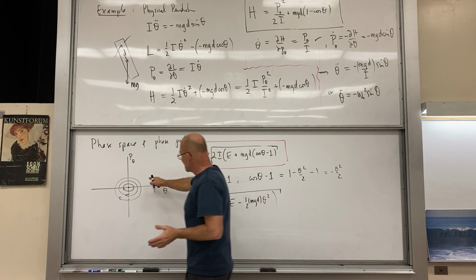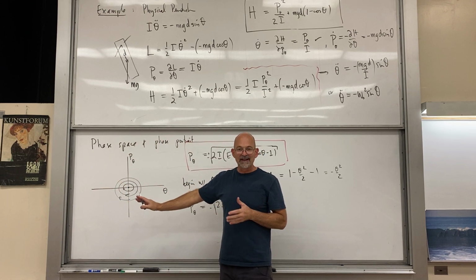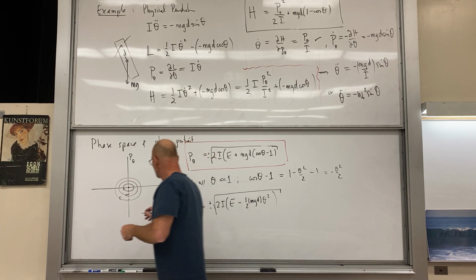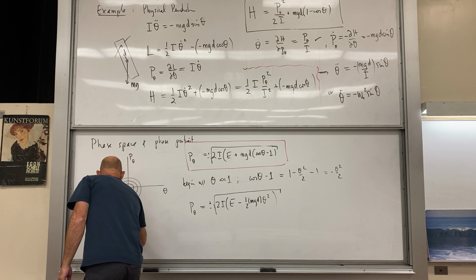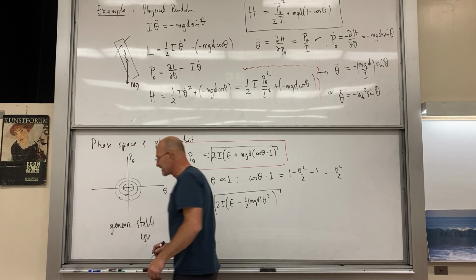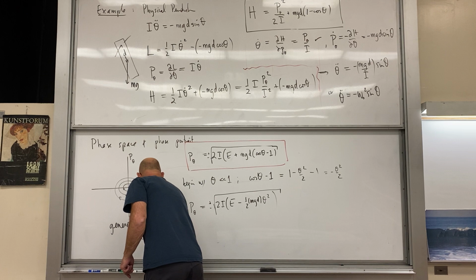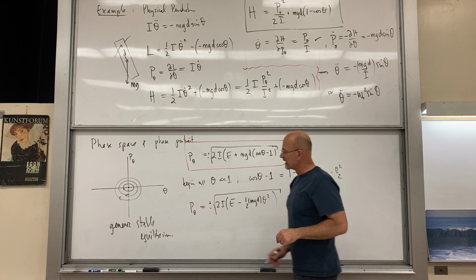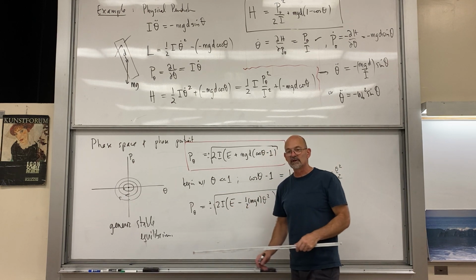So this is the phase portrait of the generic stable equilibrium. And what we want to do is see if we can get the generic unstable equilibrium. The generic stable equilibrium looks like a dot surrounded by concentric circles.